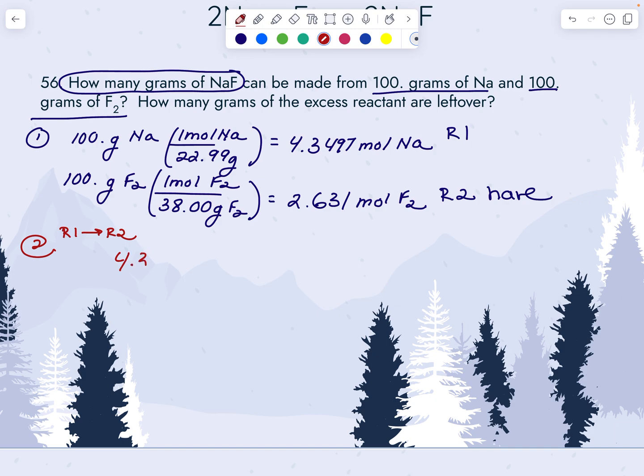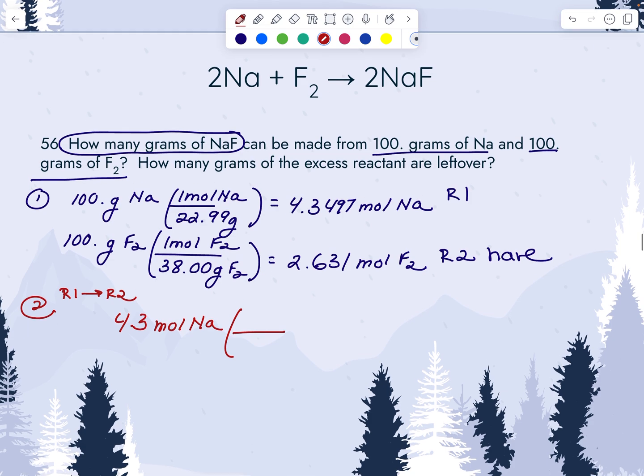So I take that 4.3 moles of sodium. I use the coefficients from the balanced chemical equation. 2 moles of sodium, we'll use 1 mole of fluorine. So that means I'm going to need to use 2.17 moles of fluorine, right? This is reactant 2 needed.